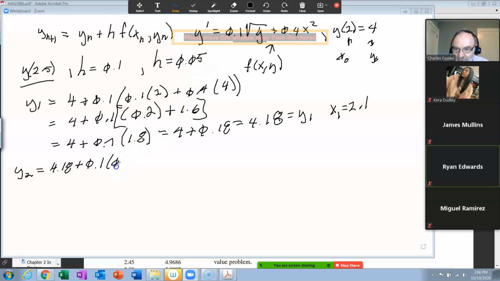That's also not going to change, 0.1 times the square root of 4.18. I can't do that one in my head like I did last time, so we're going to have to work that one out, plus 0.4, now that's part of the problem up here, okay, times x squared, and that's 2.1 squared. So that's going to give us our new y2.